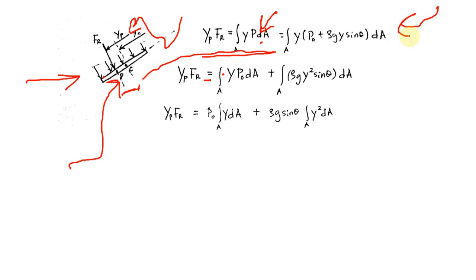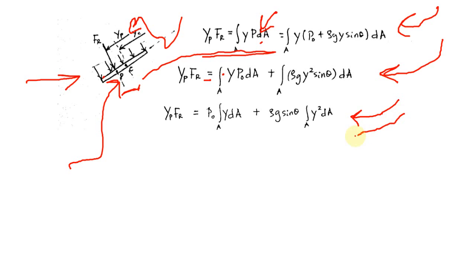So substituting for P, because P is P naught plus rho gy sine theta, you will have integration of Y times P naught plus rho gy sine theta times dA. Distributing the integration for the two terms, you will have this equation, and we know that P naught is constant, so P naught times integration of y dA over the whole area, plus we also know that rho g and sine theta are constant, so we'll have rho g sine theta integration of y squared dA over the whole area.